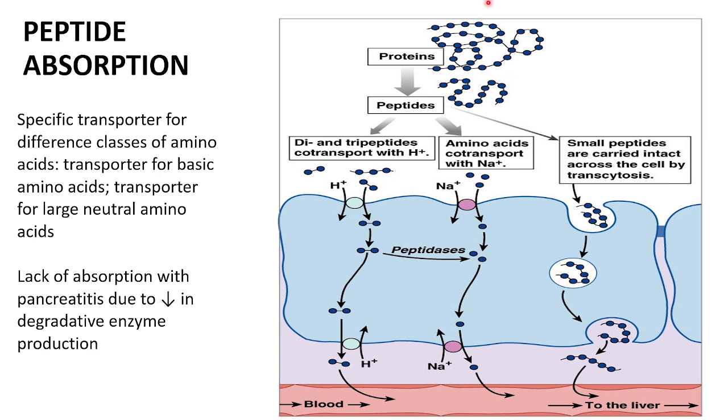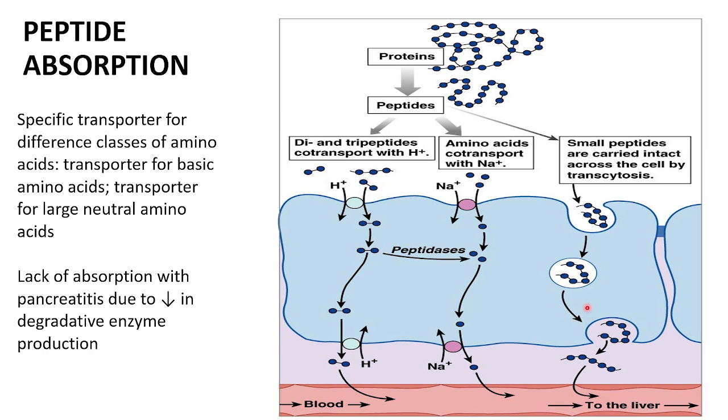The products of protein breakdown are absorbed in the form of di- and tripeptides and amino acids. A little amount is absorbed in the form of small peptides by transcytosis or endocytosis. That's not the major form of absorption, but some are really absorbed by transcytosis.